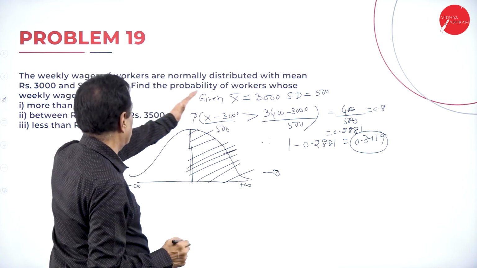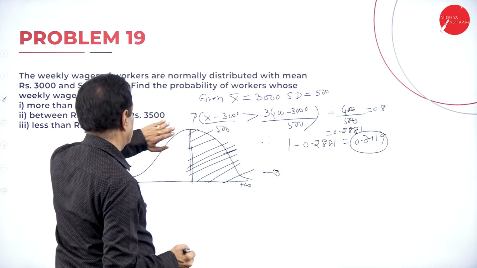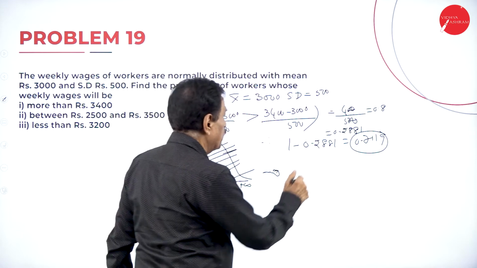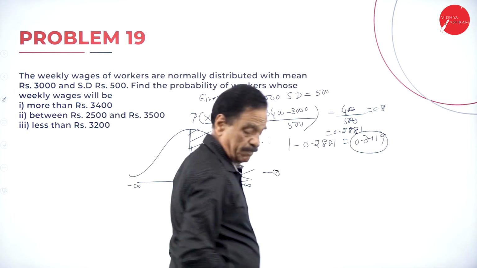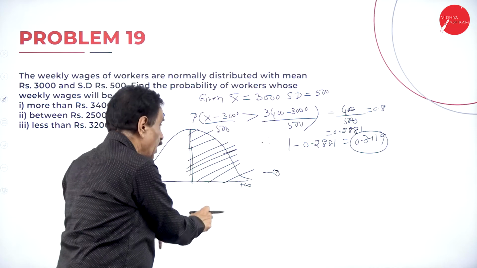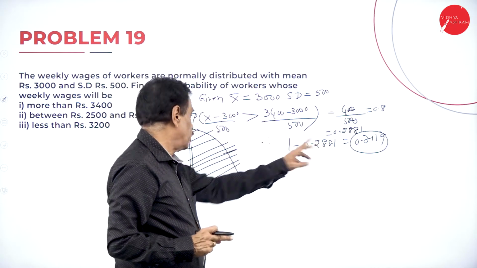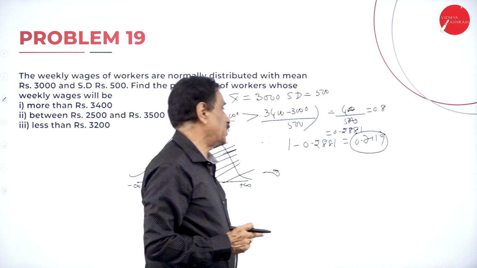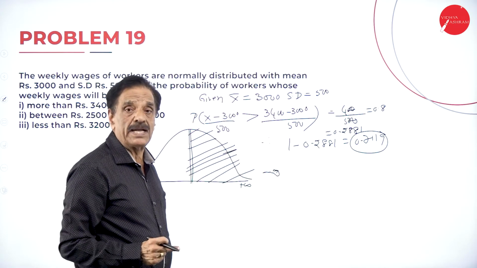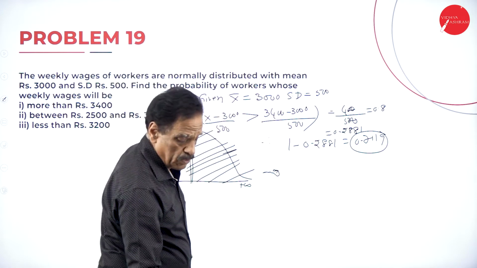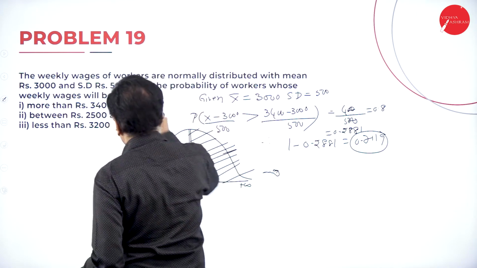If the number of workers were given, we could have multiplied that. I have deducted; the entire mass is equal to 1. It occupies 0.2881, the remaining place we have got, so 71% or 72%. So 28% is occupied, but how much we don't know because numbers are not given. So we'll move on to the second one.